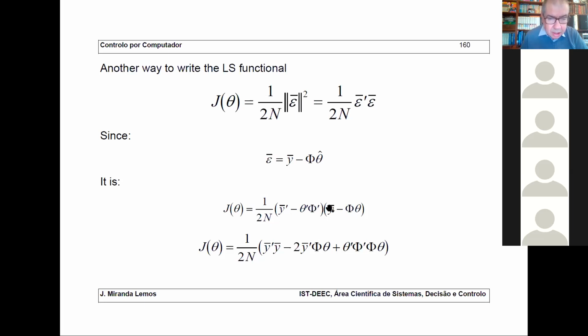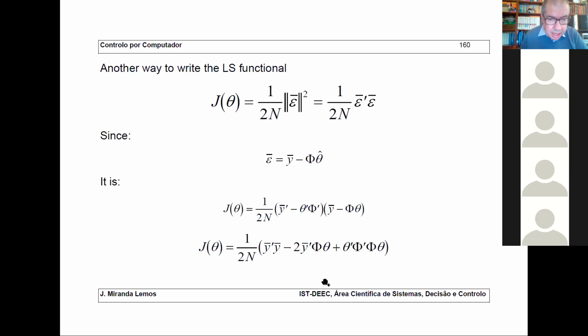So you see that this is the transpose of that, so I'm not putting the transpose there, I'm already putting it in here. So now you apply the associative and distributive properties for multiplication of matrices. You multiply this term by this term and this term, and this term by this term and this term. So you get everything here.